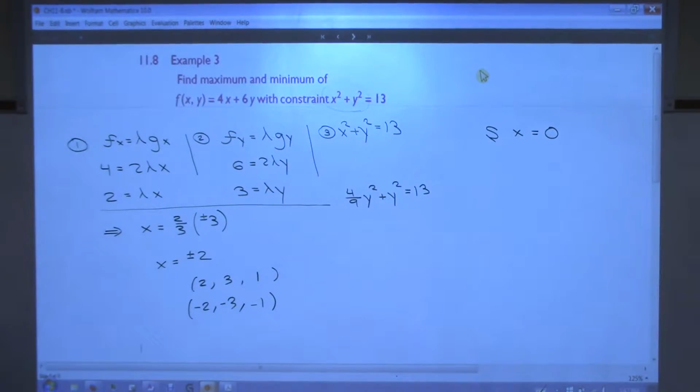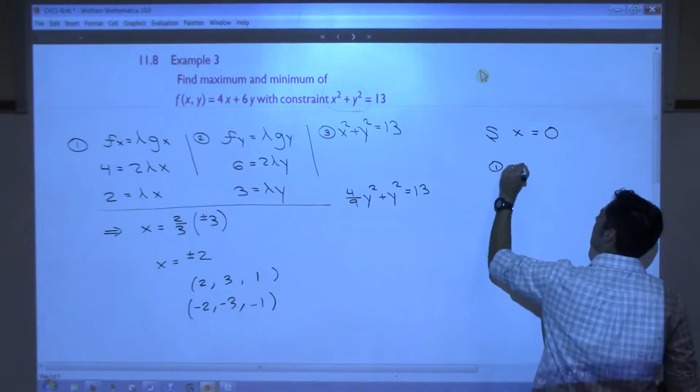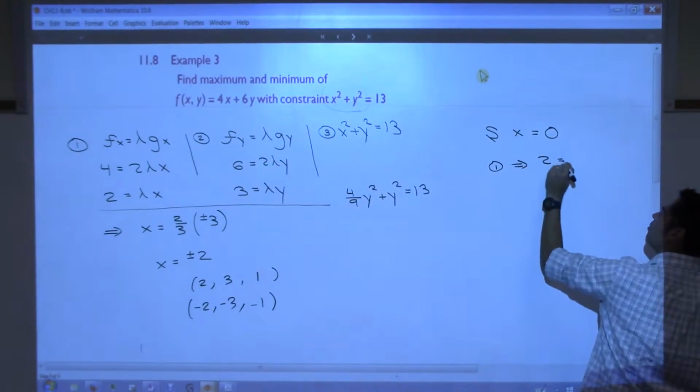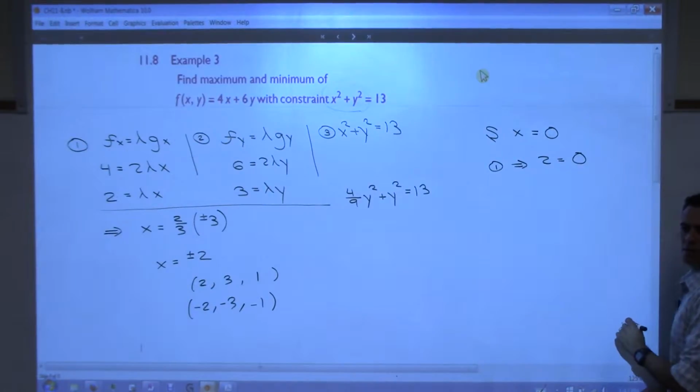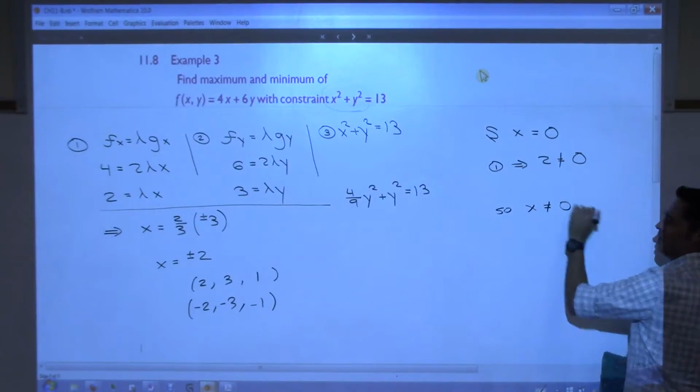But you've got another problem. Look at your first equation. If x is 0, what's your first equation say? Equation 1 says that 2 is equal to 0, right? And it's not. Which means x can't be 0, okay?